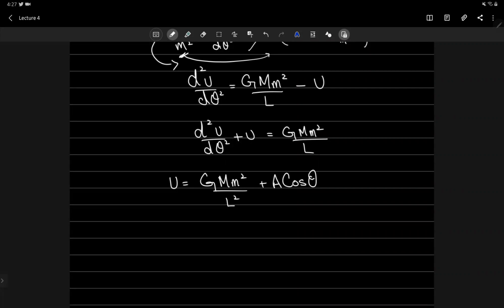Here A is just an integration constant, determined by the initial conditions.